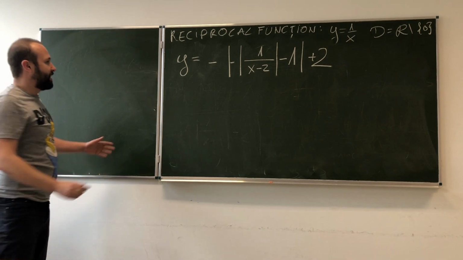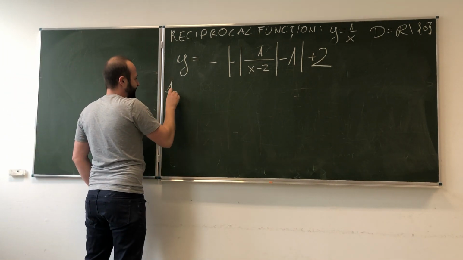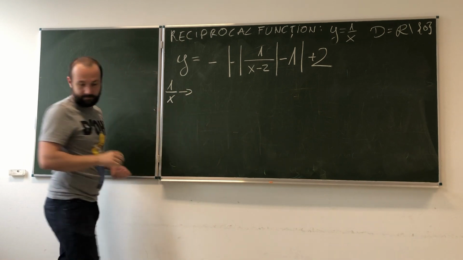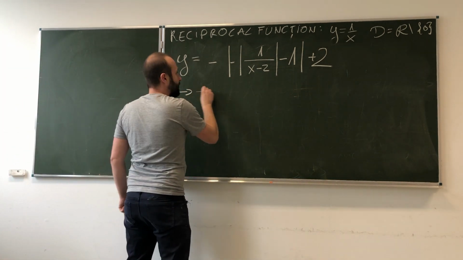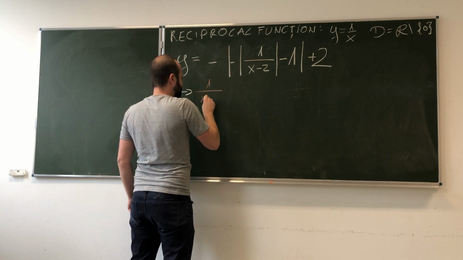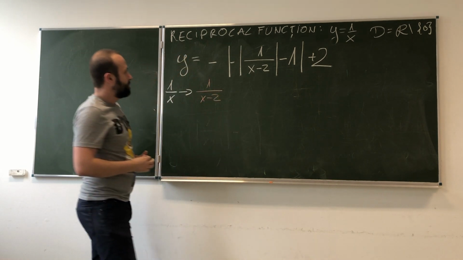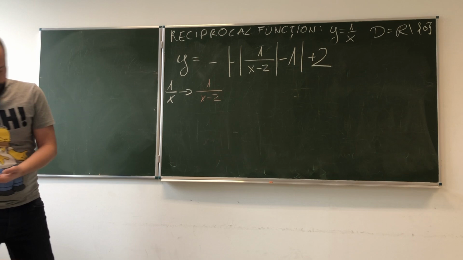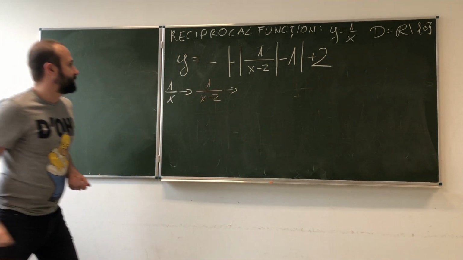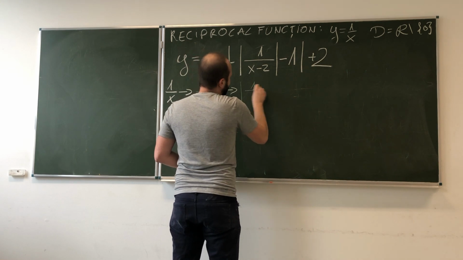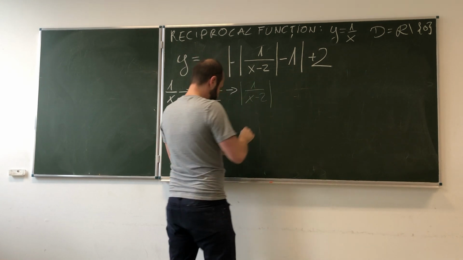Okay. So again, we're going to start with 1 over x. Then, the next thing we should draw is probably 1 over x minus 2. Then, we should take the absolute value of it to obtain absolute value of 1 over x minus 2.